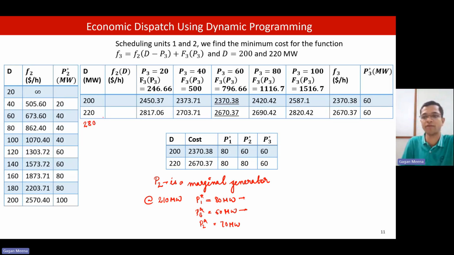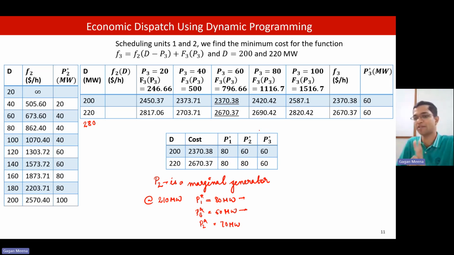Let us calculate it for 280 megawatts. P3 is 20 here. If P3 is 20, then P1 plus P2 has to be how much? 200. So P1 plus P2 is maximum 200. P3 has to be 80 here.